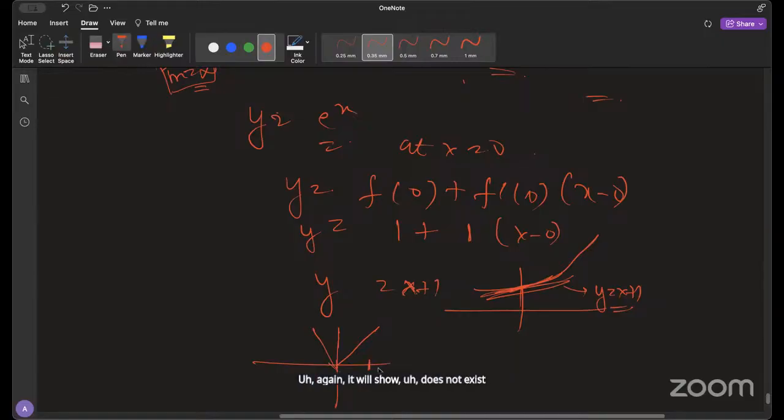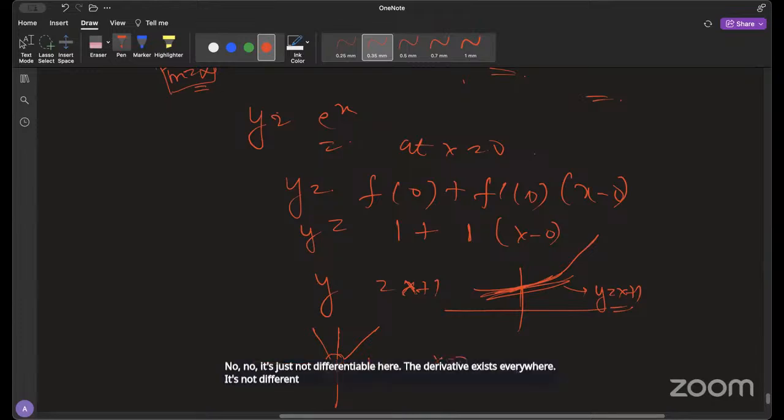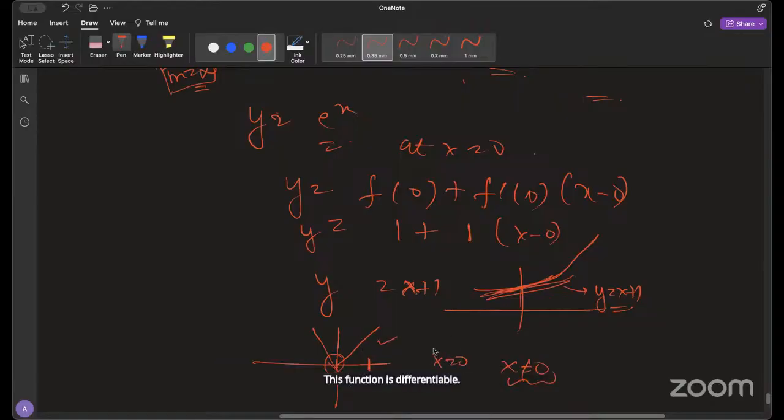No, it's just not differentiable here. The derivative exists everywhere else. It's not differentiable at x equals to 0. At x not equals to 0, all values for which x is not 0, this function is differentiable. So we can create a tangent equation on mod x. If you want a tangent here, it's this line only, no? So it's basically not a curve.